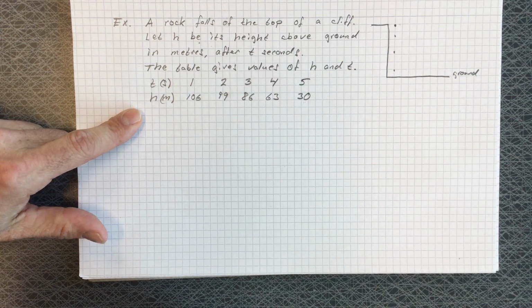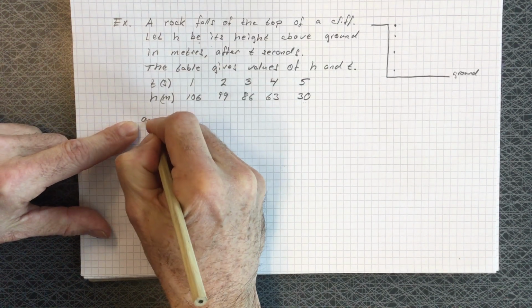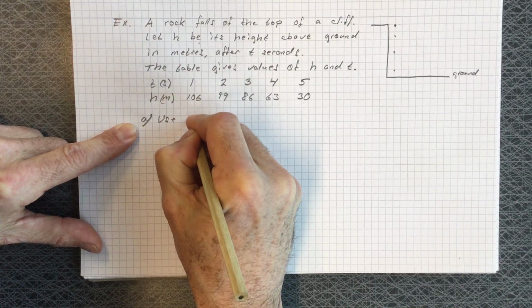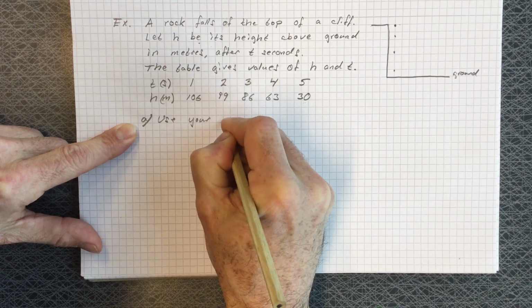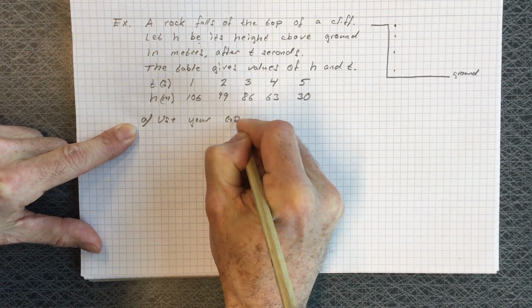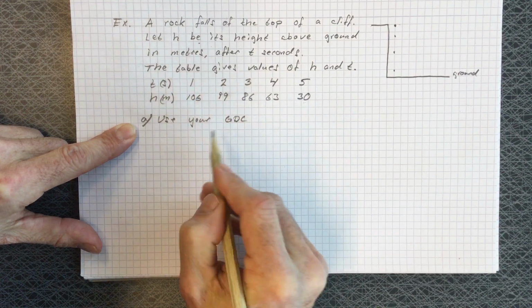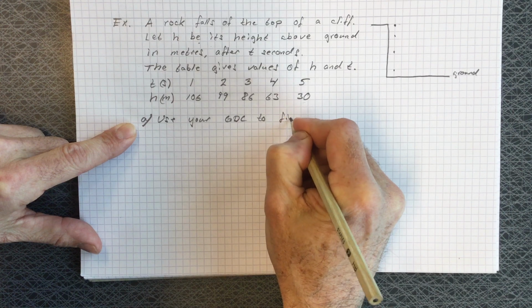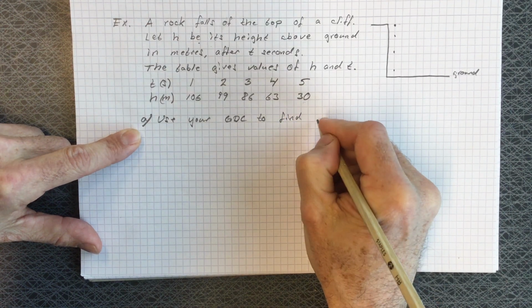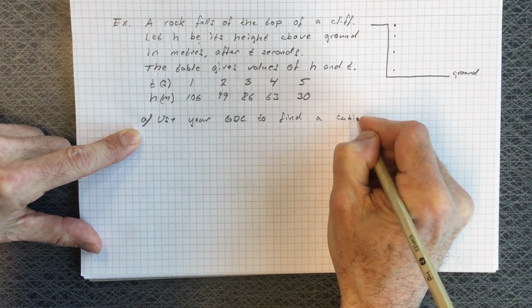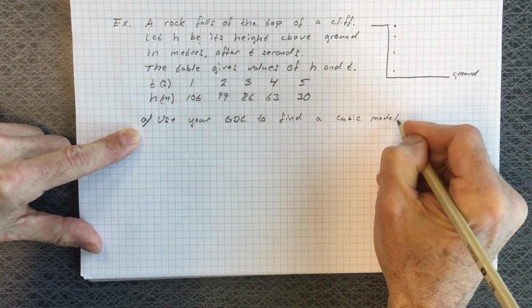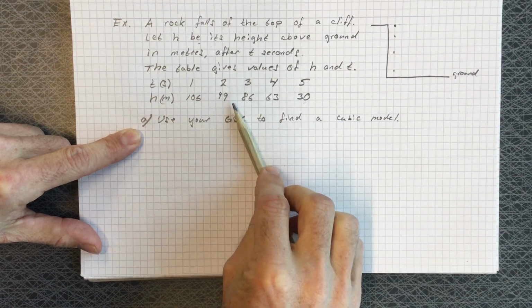Okay, so I will ask you a question about this. And the first one is this. Use your GDC, that's your graphical calculator, to find a cubic model over this.